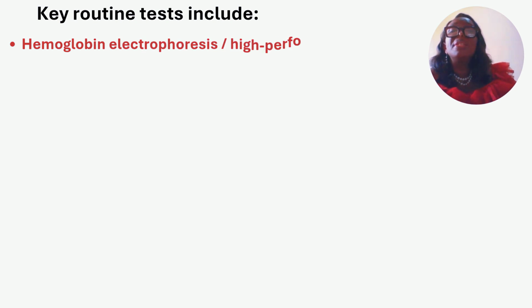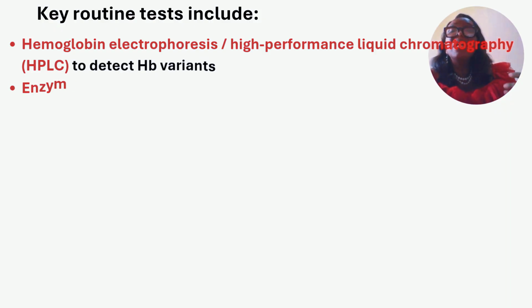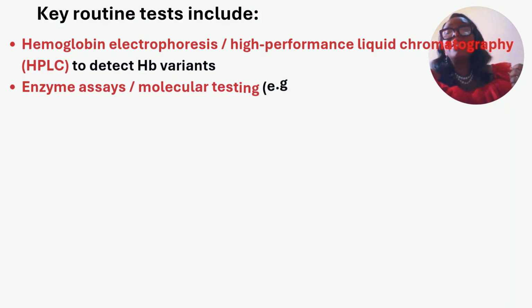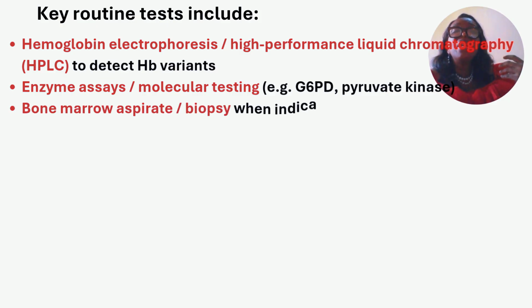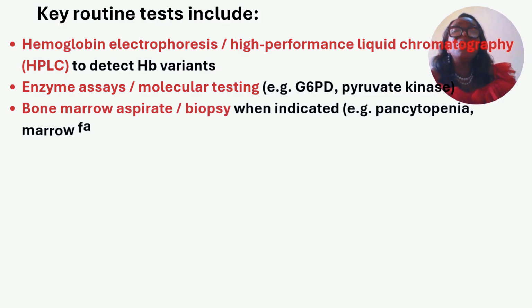Hemoglobin electrophoresis or high performance liquid chromatography can be used to detect hemoglobin variants. Then enzyme assay or molecular testing can be done to identify G6PD deficiency or pyruvate kinase deficiency.